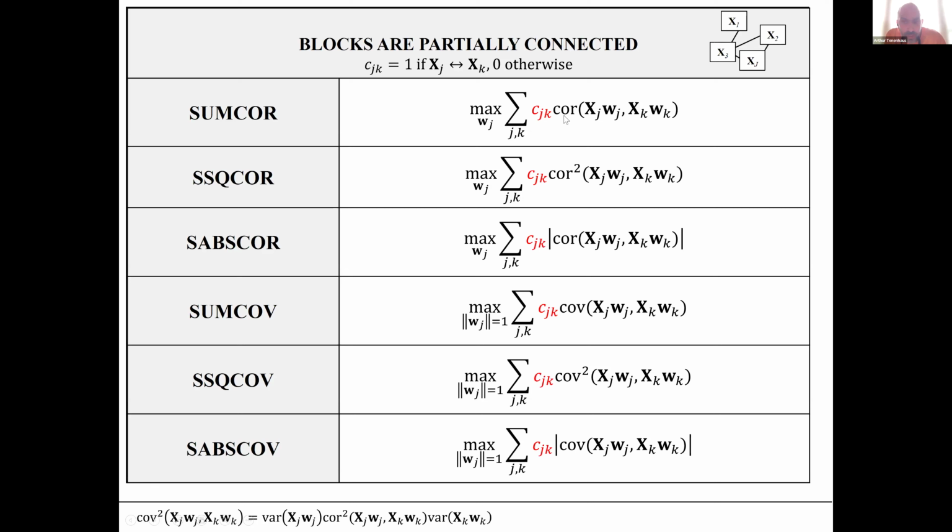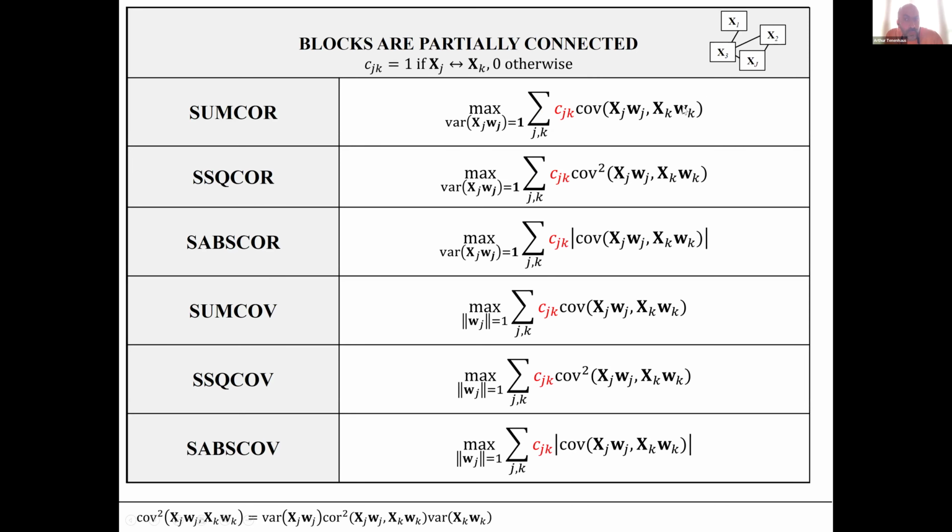In addition, you can re-express the correlation criterion. Instead of the correlation here, I maximize the covariance subject to the constraint that the variance of the component is equal to 1. If the variance of the component is equal to 1, this term is equal to 1, this term is equal to 1, and maximizing the covariance is equivalent to maximizing the correlation.